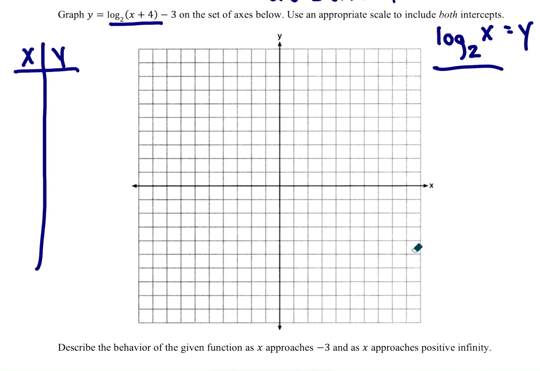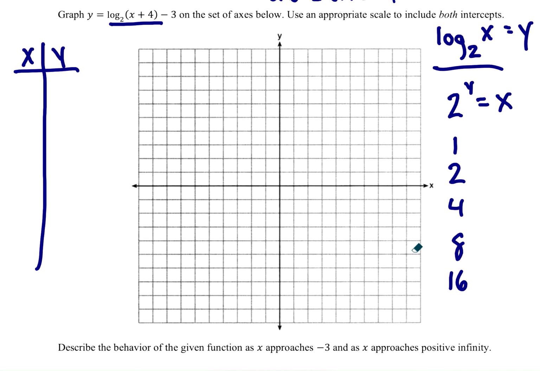So remember, the y is always the exponent, and in this case, the x is the argument. So the argument is really just the powers of 2. So we're going to want 1, which is 2 to the 0 power, then 2, 4, 8, 16 as the nice numbers to use for this.